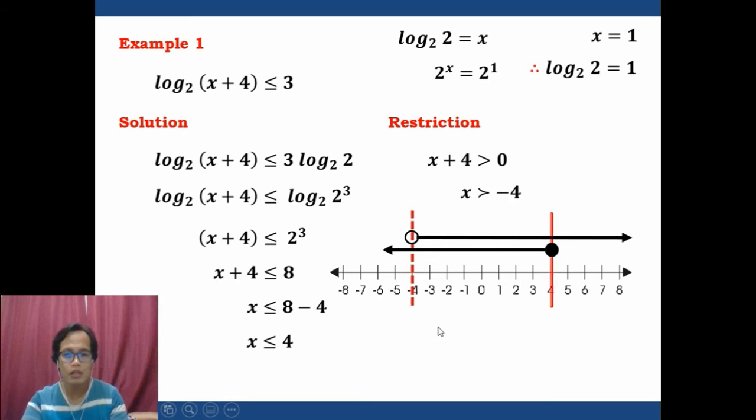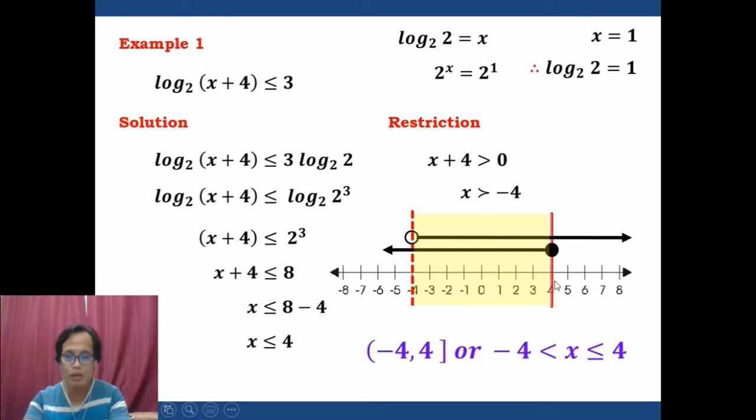We need to take the region containing the solution set of both the inequalities, the first inequality and the second inequality. So we have this solution set from this boundary up to this boundary.